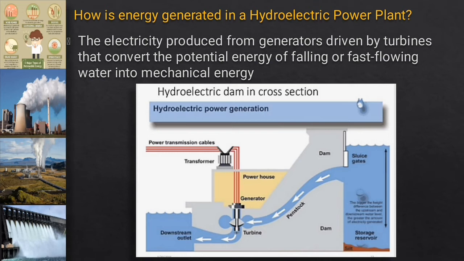The electricity is produced from generators driven by turbines that convert the potential energy of falling or fast-flowing water into mechanical energy. The water falls through a dam into the hydropower plant and turns a large wheel called a turbine.